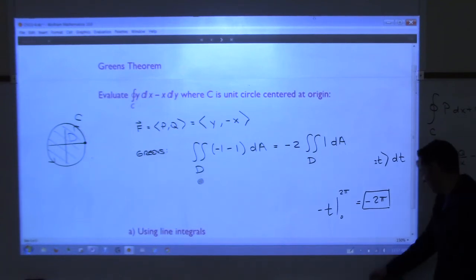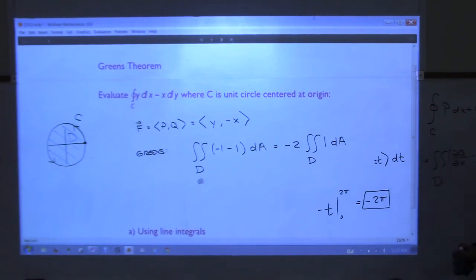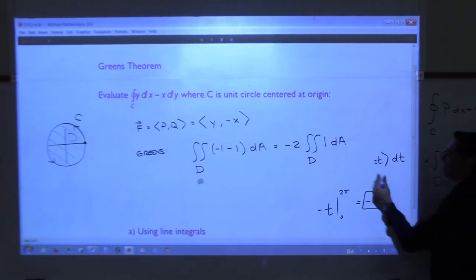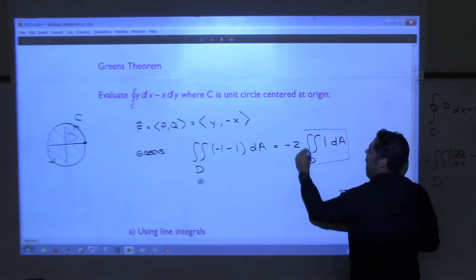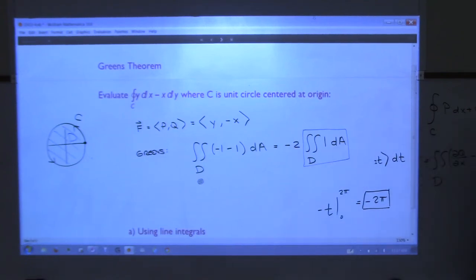Don't say it. I'm cutting you off. What is that? What's that? That's the area of what? Okay, so of what? Which is? What's the area of that circle? Which is?